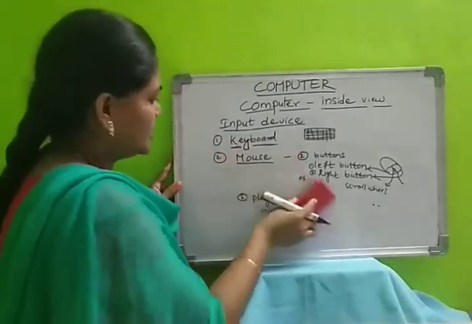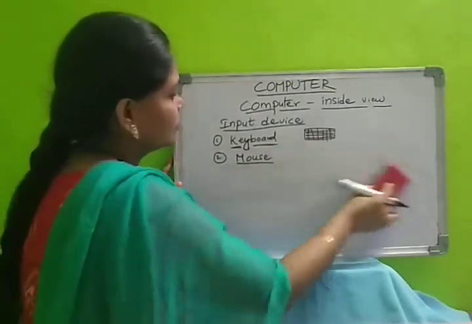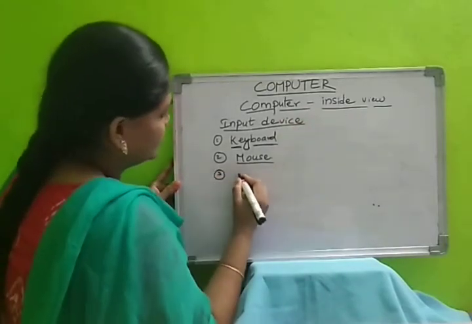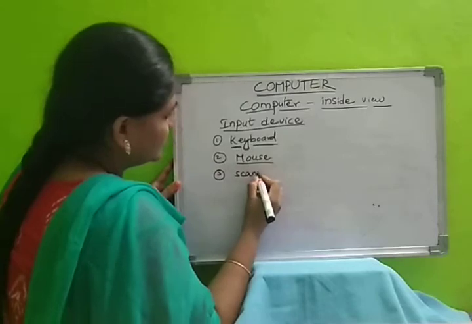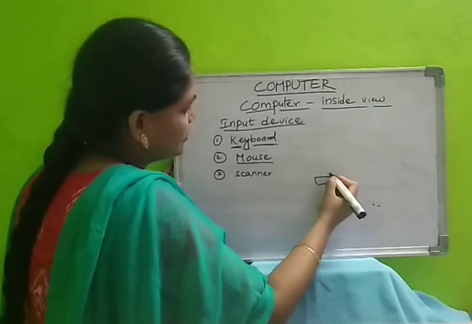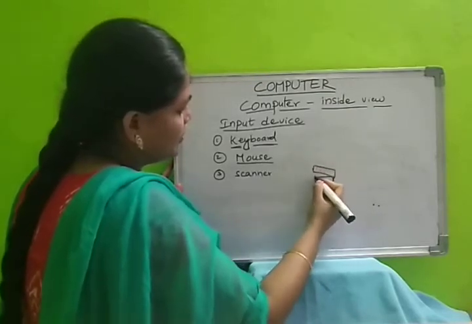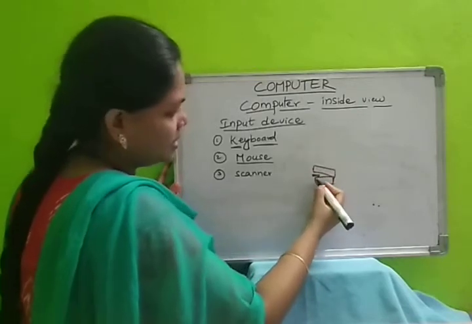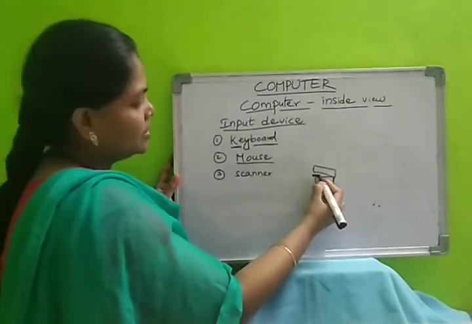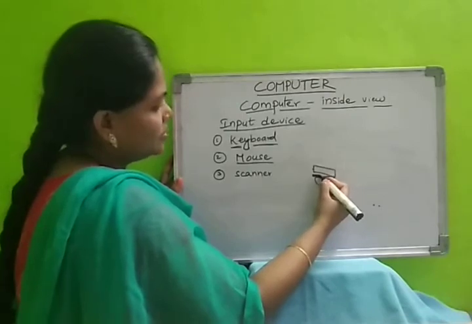So next, third one is scanner. The third input device is scanner. So scanner looks like this. We keep a picture or photograph or anything here in the machine. It converts this hard copy into an image in the computer.